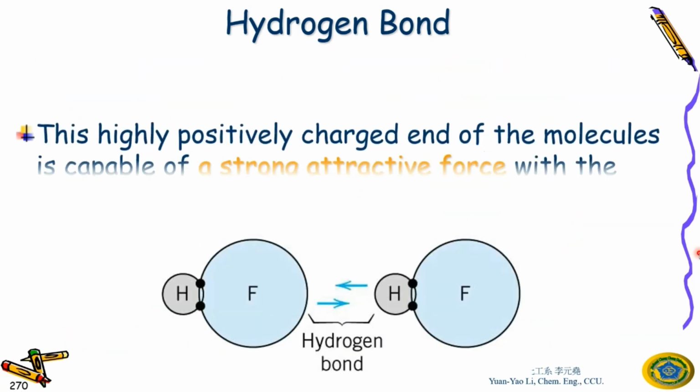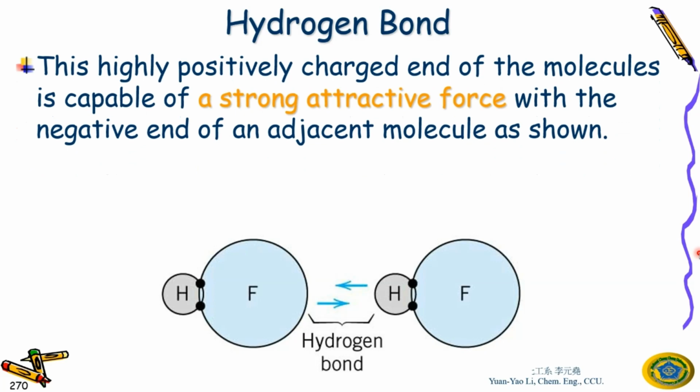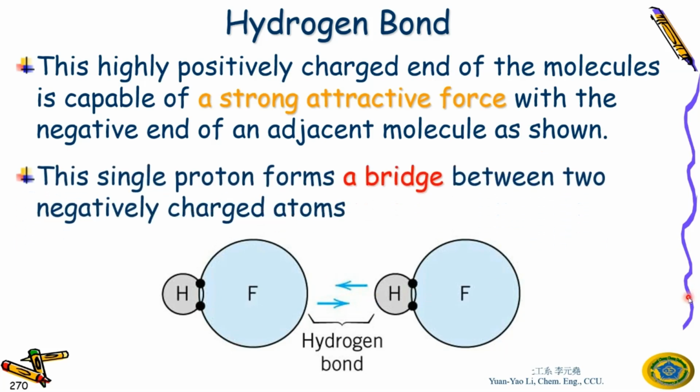Okay, so in hydrogen bonds, this highly positively charged end of the molecule is capable of a strong attraction force with the negative end of the adjacent molecule, as shown here. So this single proton forms a bridge between two negatively charged atoms.